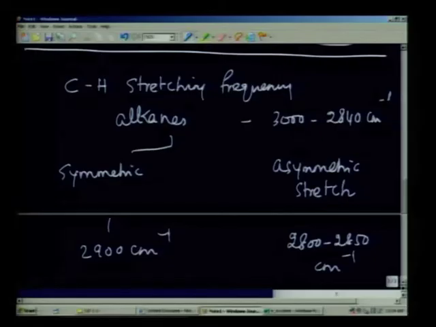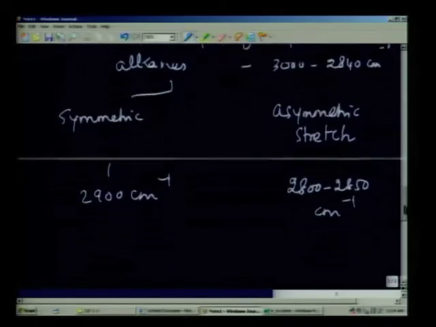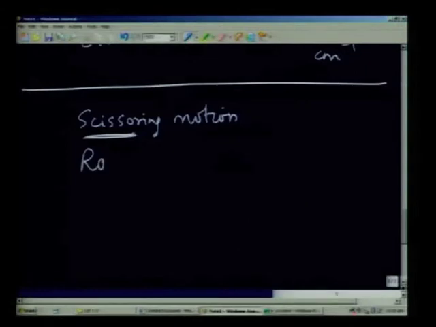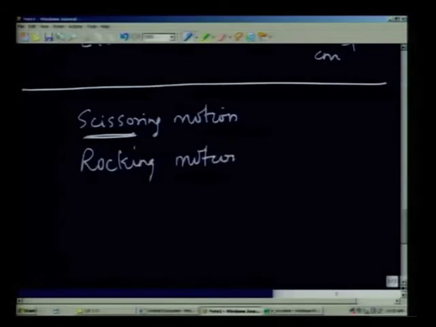Okay. Then there are what are called the scissoring motions, scissoring motion. Then there are rocking motions. What is meant by rocking? Keep shaking the base, okay, rocking motion.